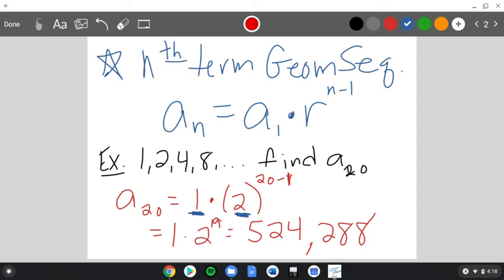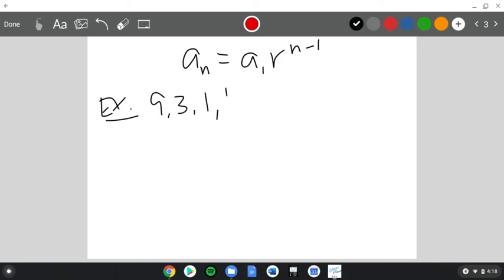Okay, let's try another one. So again, here's our formula, and we're using our second sequence. Let's find a sub 7, the seventh term.